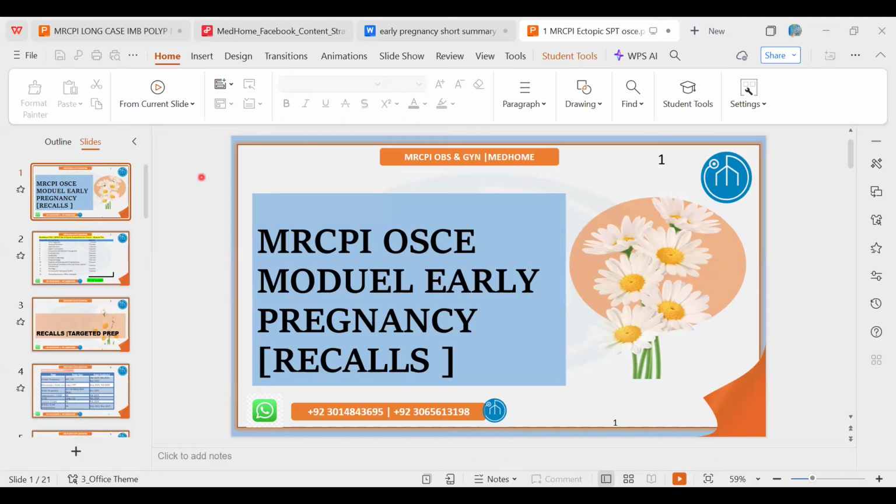Here you will feel the difference. We will cover your recalls first, module wise. If recalls are fewer and topics are more, and the probability of exam stations coming from that topic is high, we will cover them. And we will create standard stations so that you have an idea. So how is that?